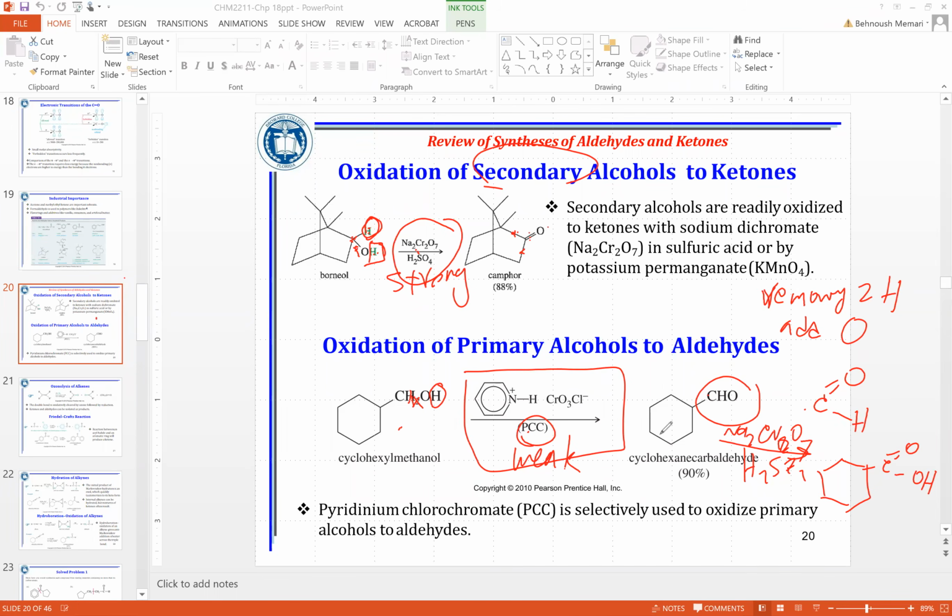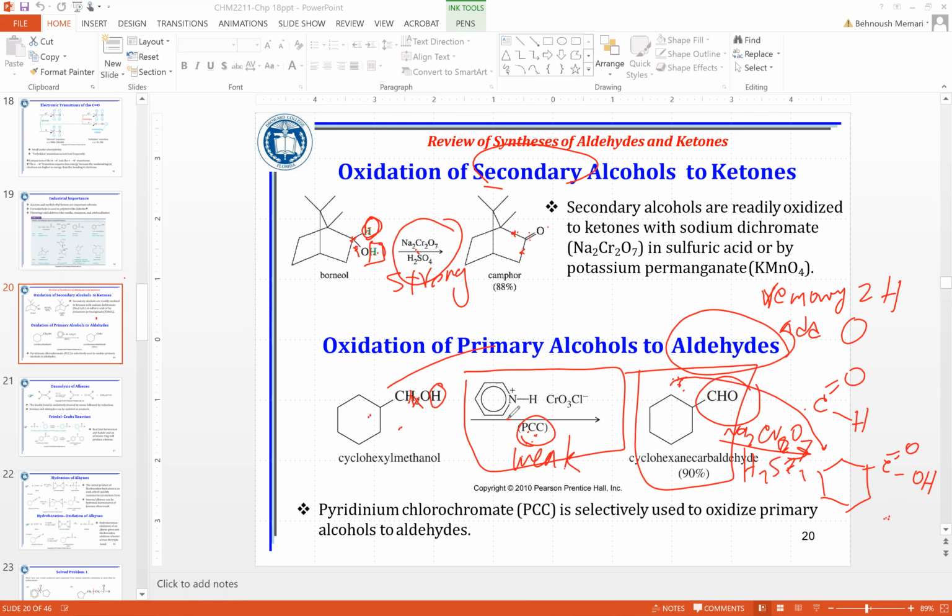So if you want to stop at the aldehyde, that's this chapter, basically you want to make aldehyde, you have to use a weak oxidizing agent. If you use a strong oxidizing agent, a primary alcohol would go to aldehyde, but then it would go to a second step of oxidation and change to carboxylic acid.